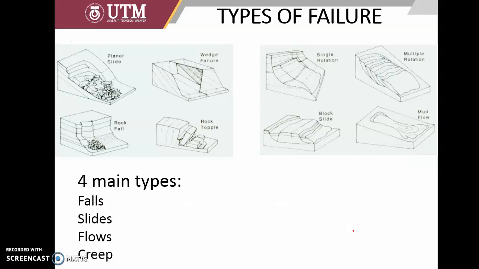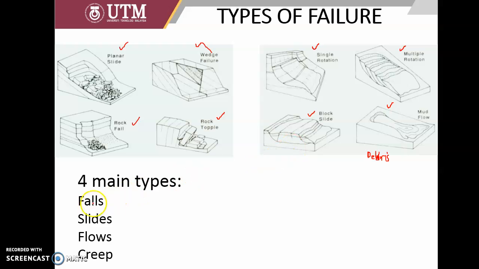So we need to consider all these factors during our design calculation. Alright, now let's see the types of failure. We can have different types: planar, wedges, rock topple, rock fall. Usually in soil, it is gradual, so it can have multiple rotation like this one, single rotation, mud flow, or sometimes also called a debris flow, and block slide.